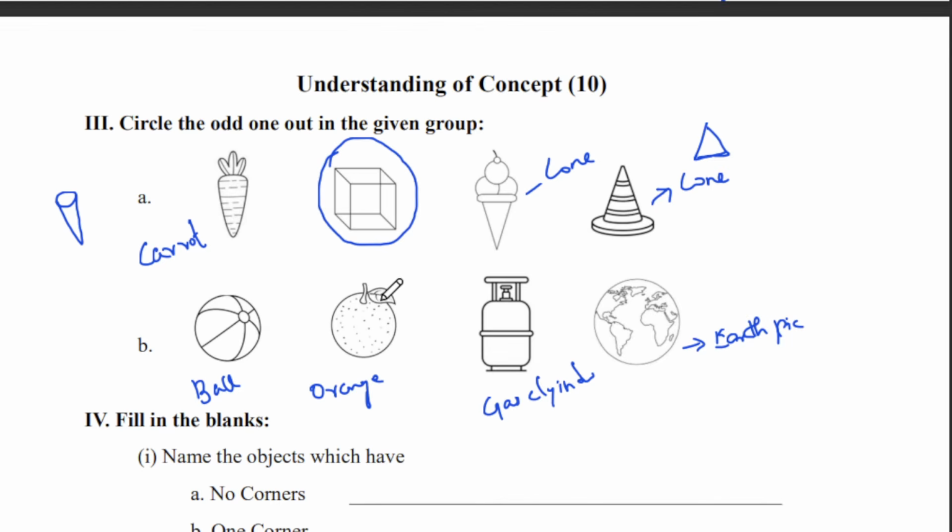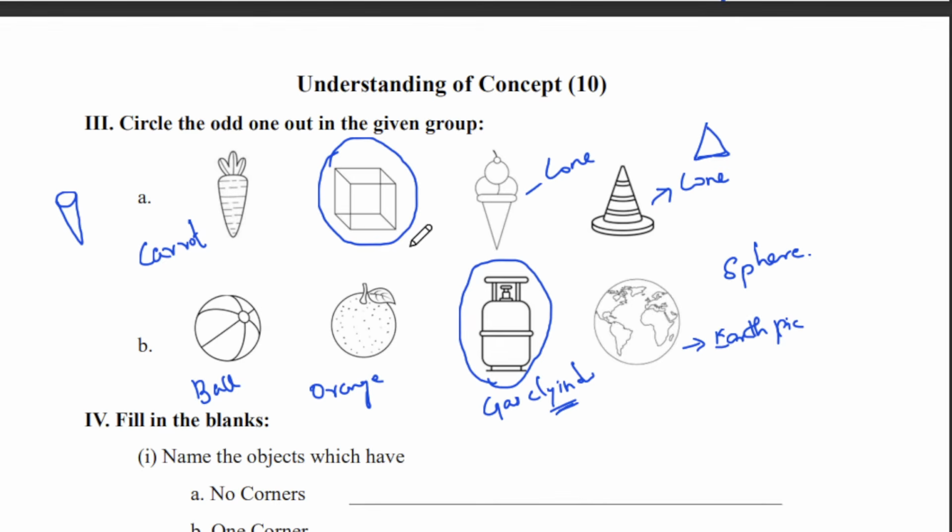Again orange is sphere shape. But this one, gas cylinder, is in cylinder shape. And earth picture, earth is also in sphere shape. So the common here is the sphere shape. So the odd one out is the cylinder shape. Okay. Likewise, you have to circle.